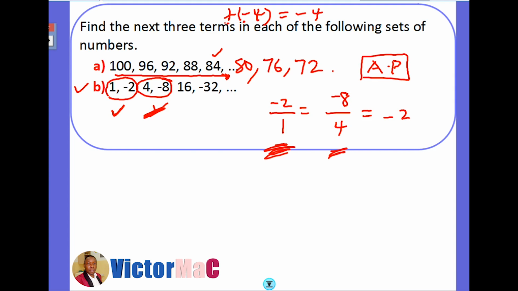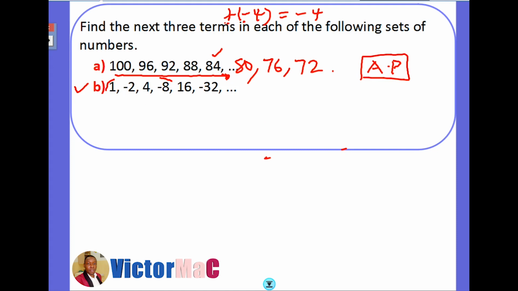So the ratio here is the same by dividing the second by the first and by dividing the fourth by the third term. So this tells us that this second sequence is a geometric sequence. We call it geometric progression.